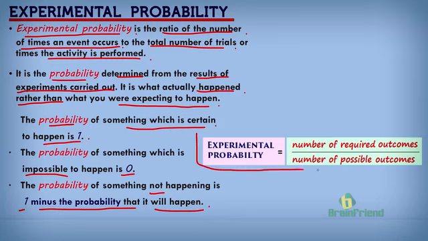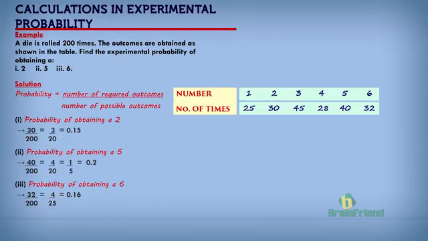This is a typical formula used to carry out experimental probability. So experimental probability is the number of required outcomes all over the number of possible outcomes. That is your sample space. The number of required outcomes from the question given all over your sample space, the total number of possible outcomes that could take place.